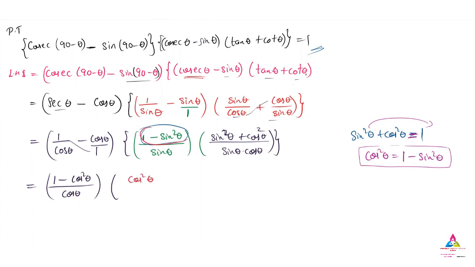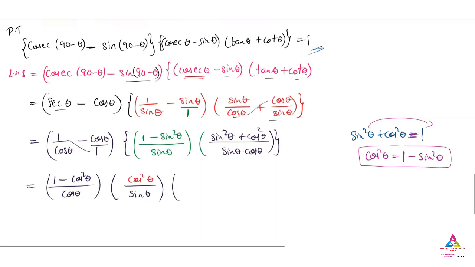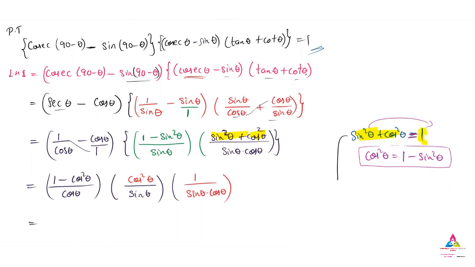This whole thing I have written in terms of cos square theta divided by sine theta, write down sine theta as it is. Now similarly, sine square theta plus cos square theta is nothing but 1, so substitute that value as 1 divided by sine theta into cos theta. And the bracket is nothing but multiplication. So 1 minus cos square theta, similar rule: sine square theta as it is, 1 as it is, cos square theta I shift to that side, it becomes minus cos square theta.